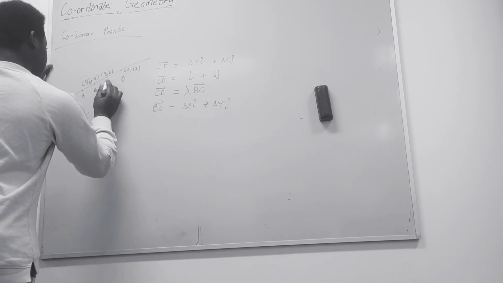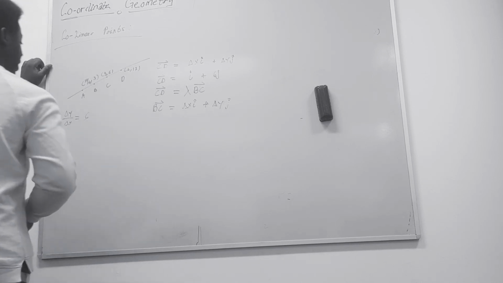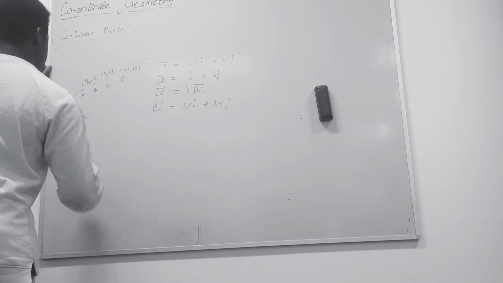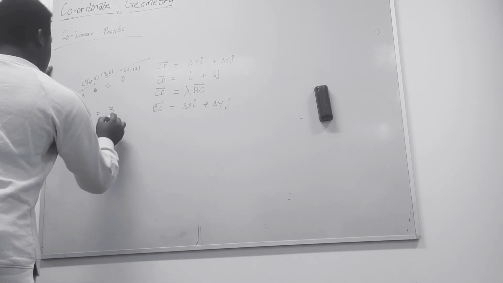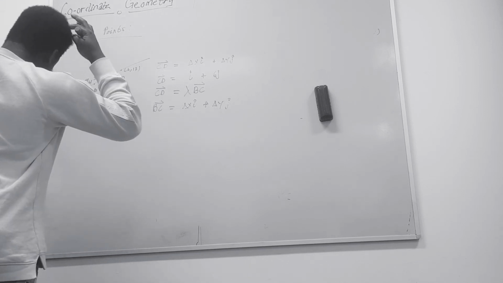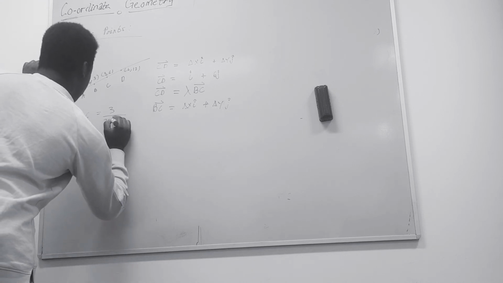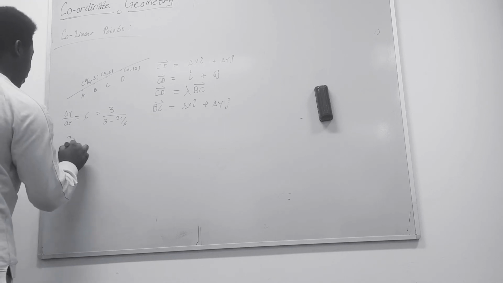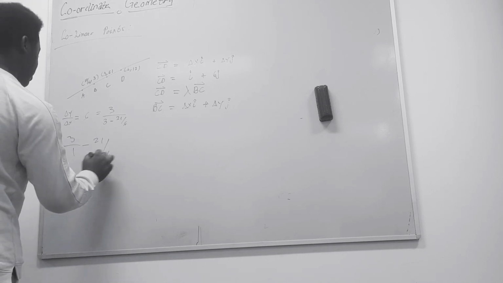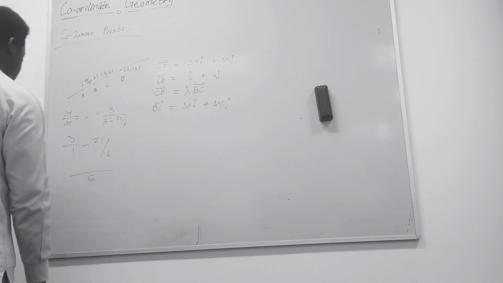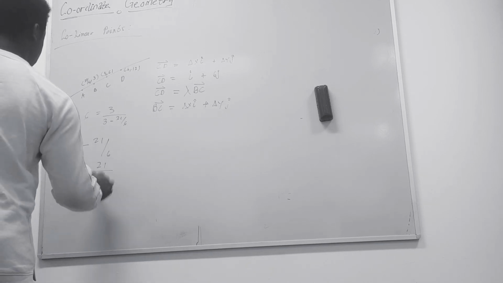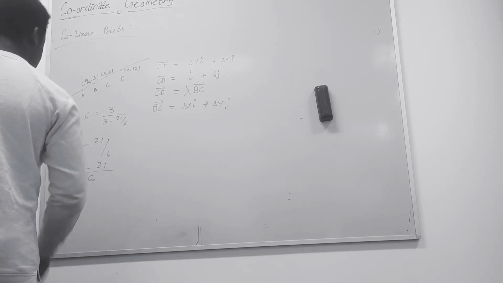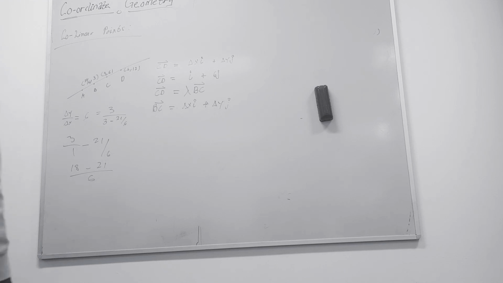If I do it for B and C, 6 minus 3, that's 3, divided by 3 minus 21 divided by 6. That's 3 divided by 1 minus 21 divided by 6, that's 6 minus 21, that's 18, and 18 minus 21 is negative 3.